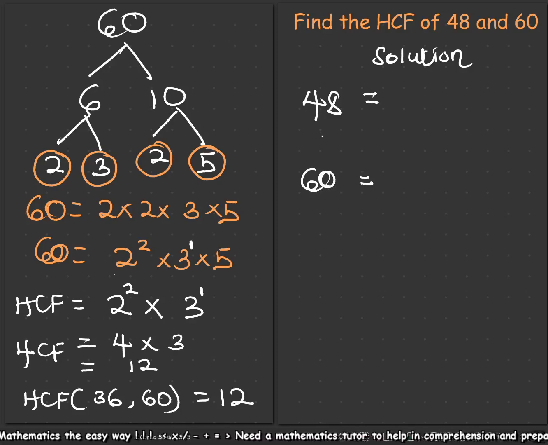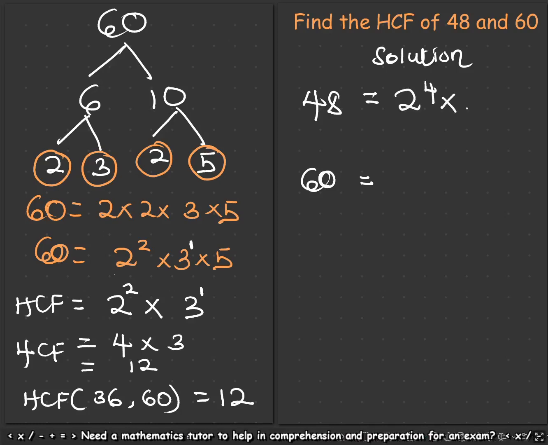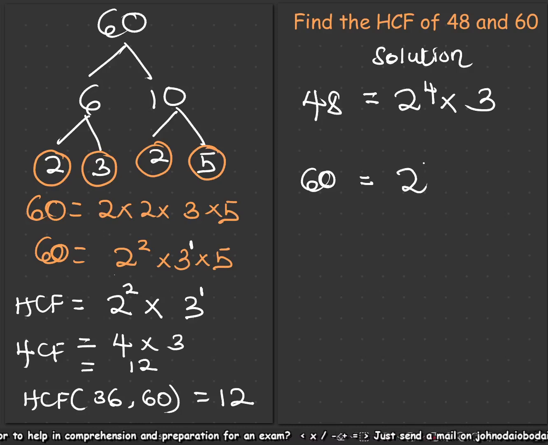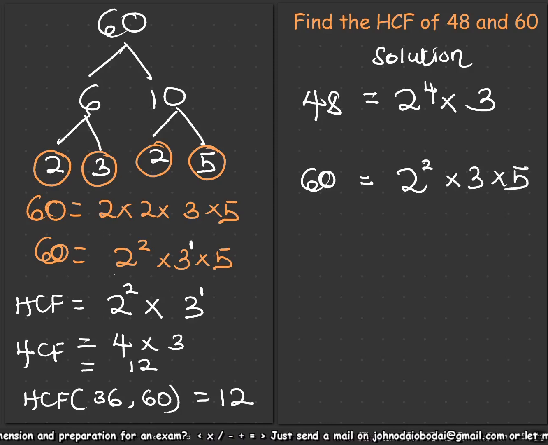Now, you have 48 giving you 2 raised to the power 4 times 3. And I do hope you got that. For 60, on the other hand, we are going to get a 2 raised to the power 2 times 3 times 5.